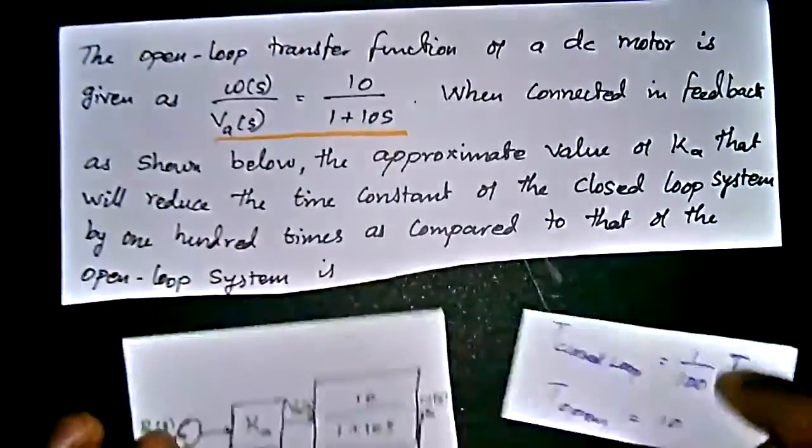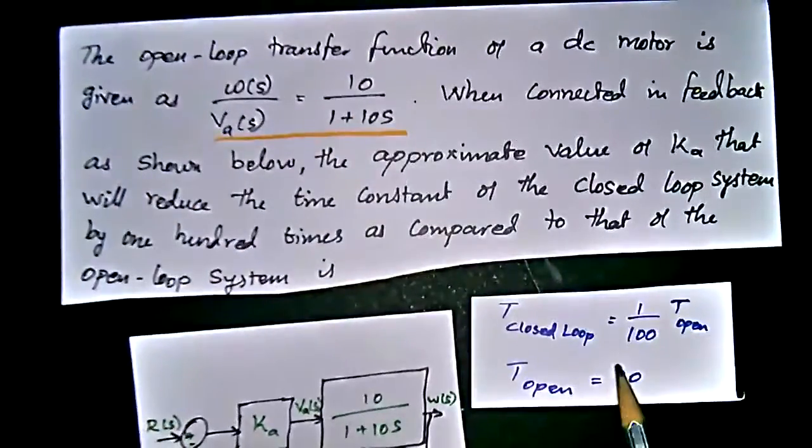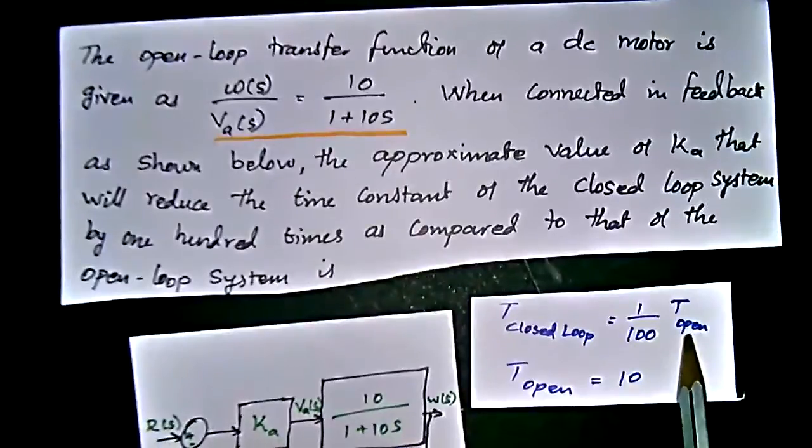They say the closed loop time constant will be 1/100 of the open loop, that is, 100 T closed equals T open. We rewrite that as T closed = 1/100 T open.